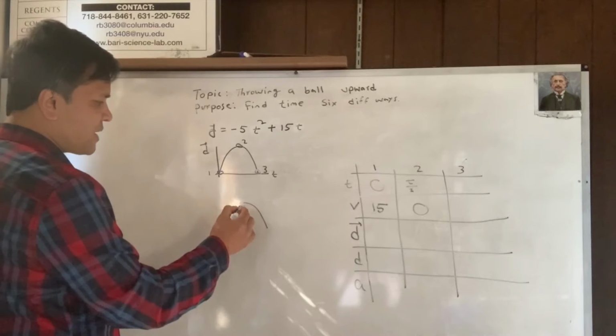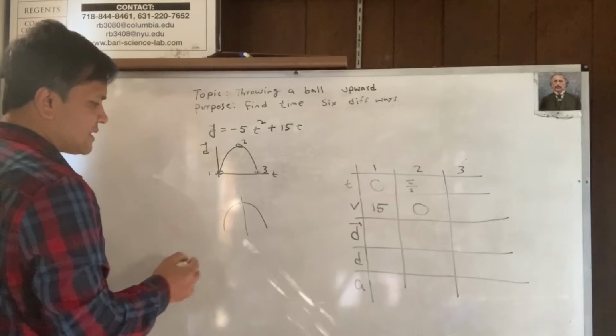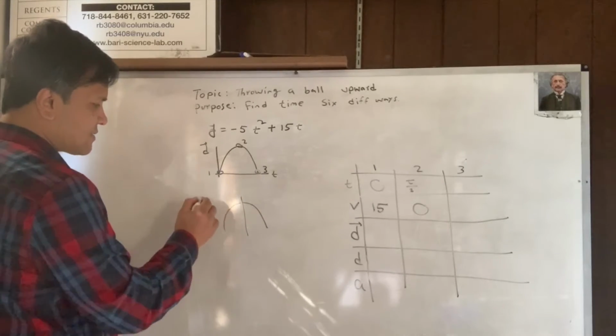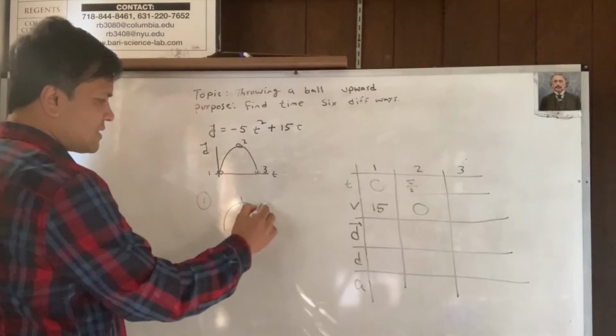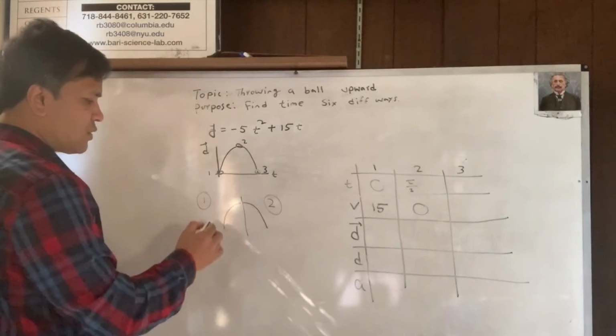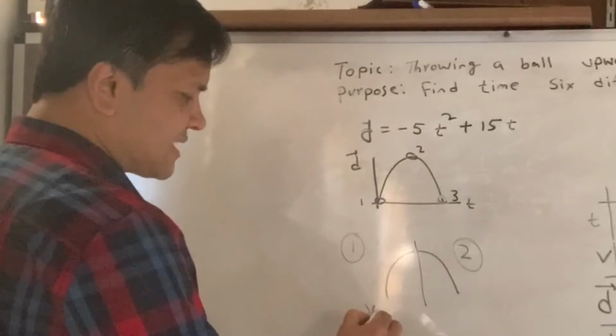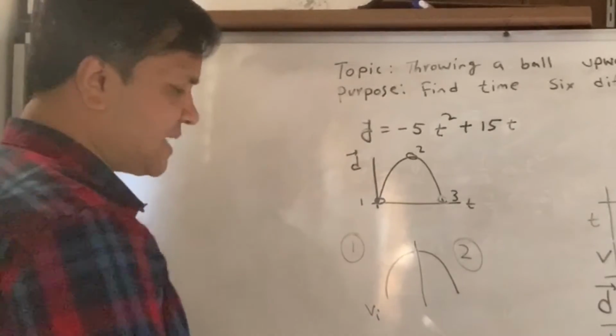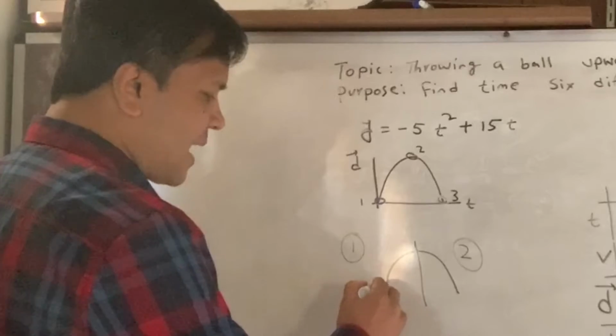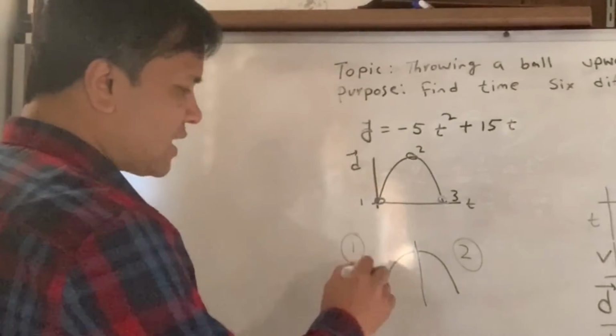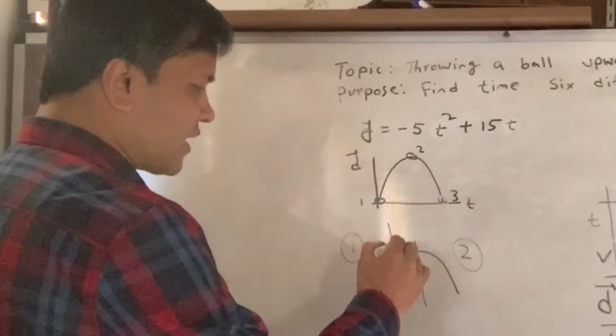This is the half of the parabola, let's say this is location 1, and this is location 2. At location 1, initial velocity is 15. So velocity is upward arrow. At location 1, acceleration is downward arrow.